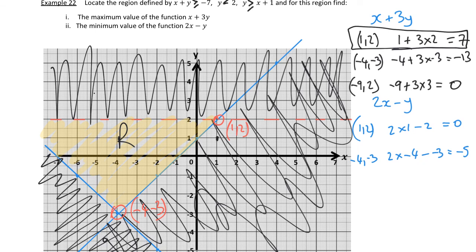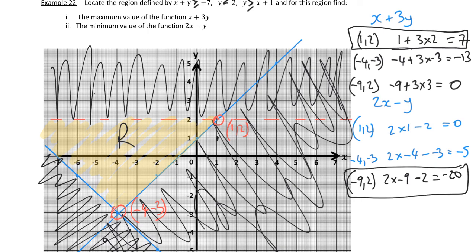Now there is a third point that we can't see in our graph, and the other corner of this triangle actually has the point (-9, 2). So we need to try that as well. If we put that into 2x minus y, we get 2 times minus 9, take away 2, which works out to be minus 20. And in fact, that then is the minimum value. So the minimum value is minus 20.